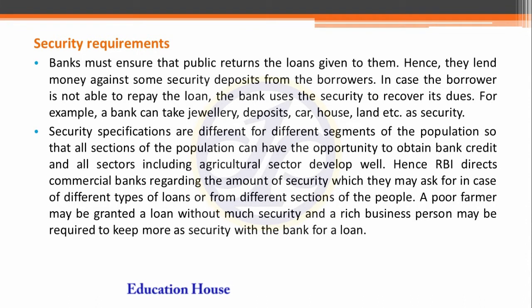Number one, security requirement. As per the Reserve Bank of India's guidelines, every commercial bank is liable to give loans to the public only by getting proper security as a reserve. Without it, they are not liable to give any kind of loan.